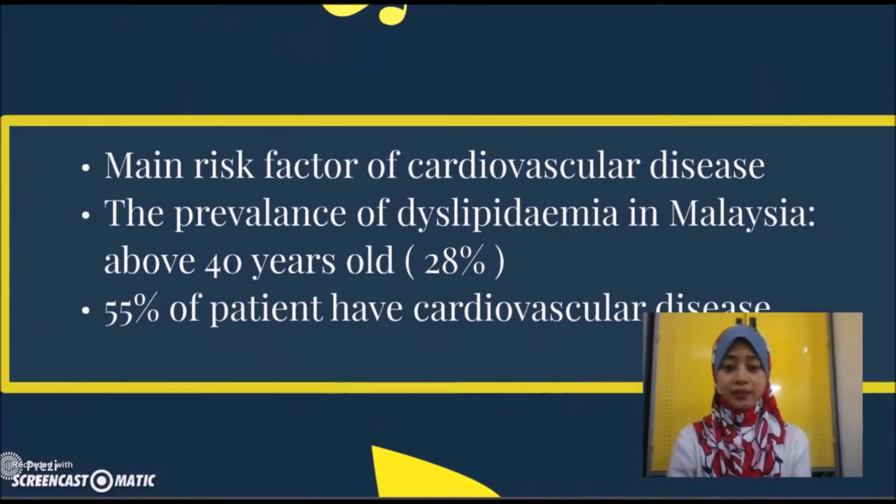Now let's move on to prognosis. Dyslipidemia is the main risk factor of cardiovascular disease. From the prevalence of dyslipidemia in Malaysia, 28% of it consists of patients above 40 years old, while 55% of it are from patients who have cardiovascular disease.